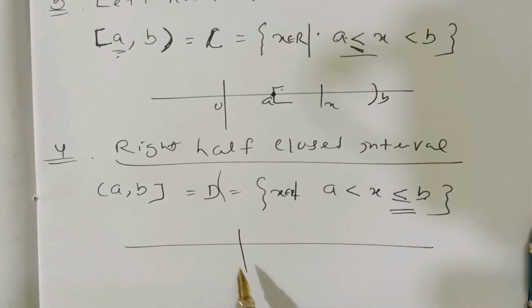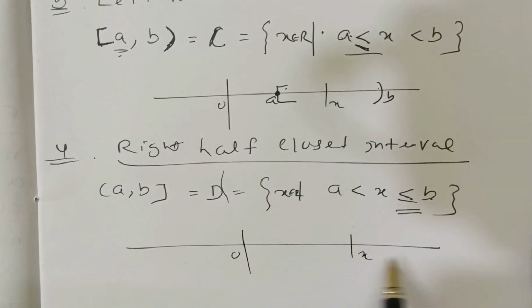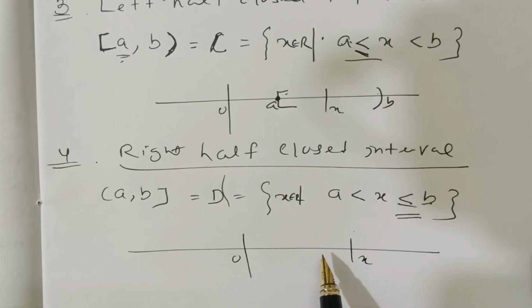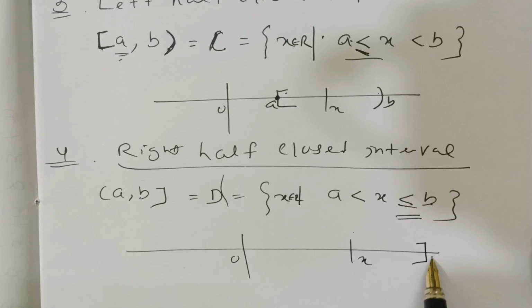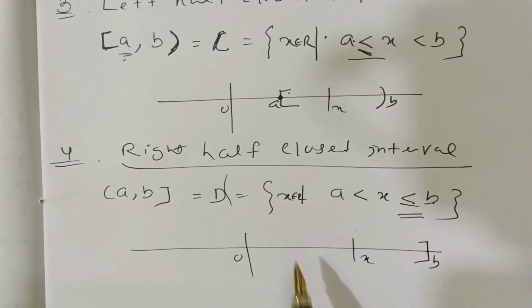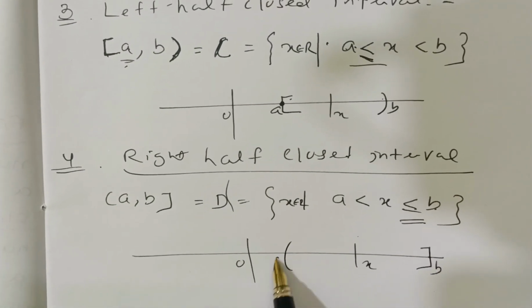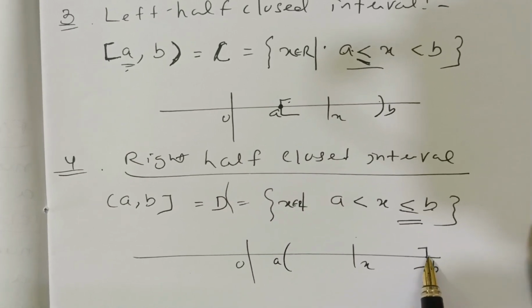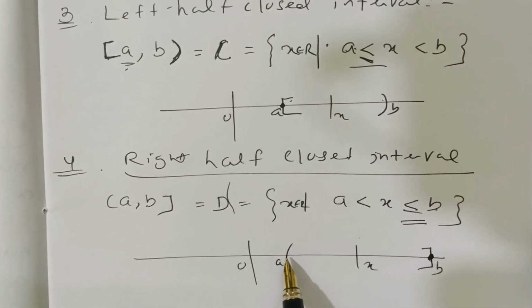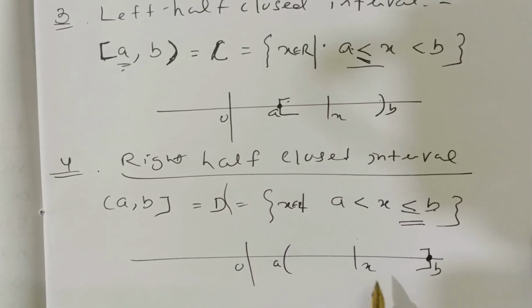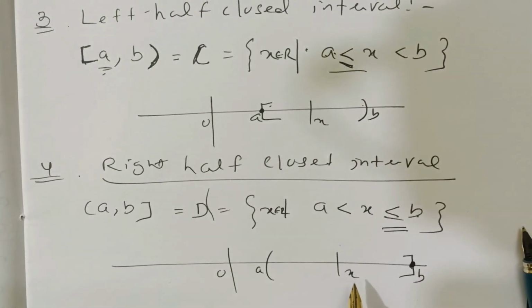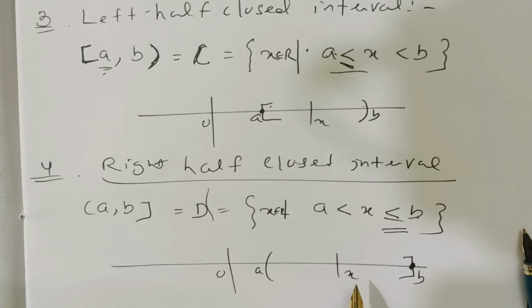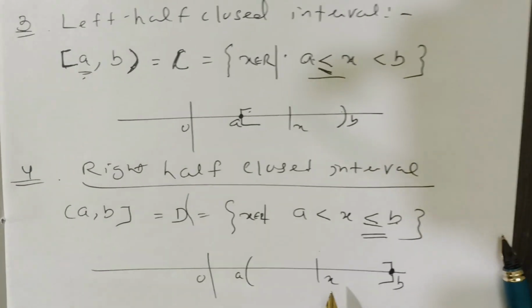So if this is the real line and this is x, what will be its picture? Here B is included, therefore the box bracket will be here, but here A is not included, therefore a round bracket is here. B is included, but A is not included. These are the four types of finite intervals, friends: the closed interval, open interval, left half closed interval, and right half closed interval. Thank you friends for watching this video.